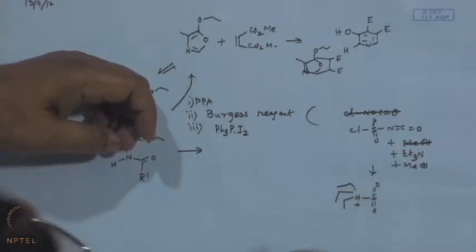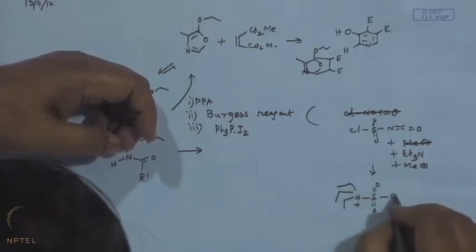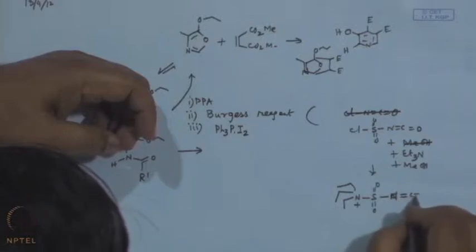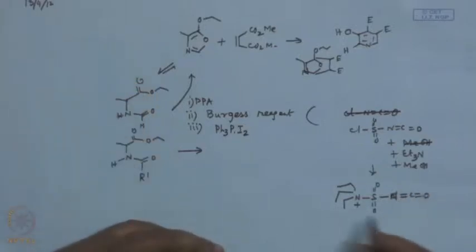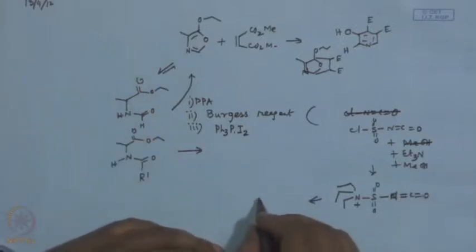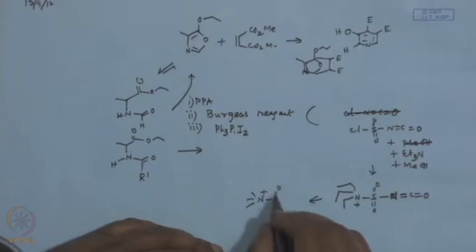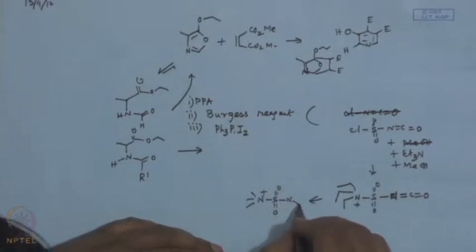So you get a quaternary nitrogen here and then NCO, and that goes to N plus.